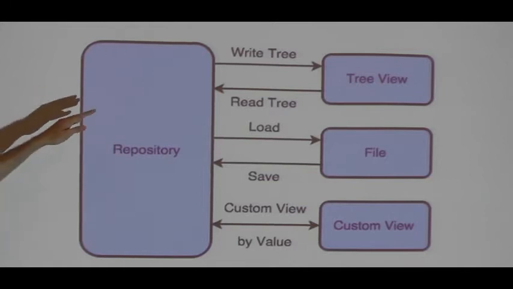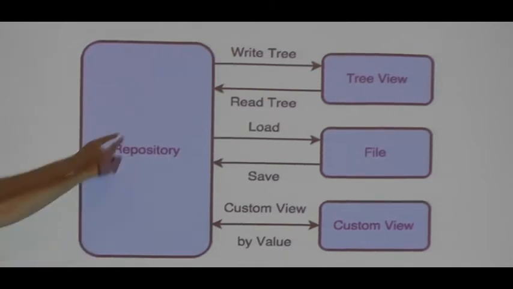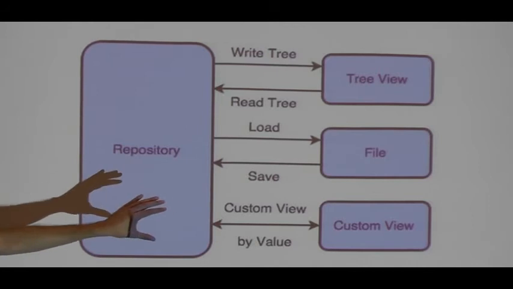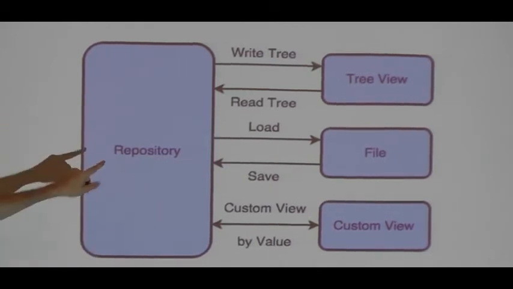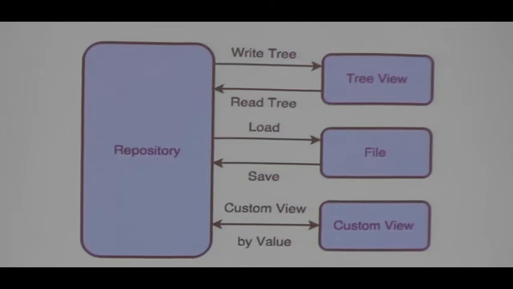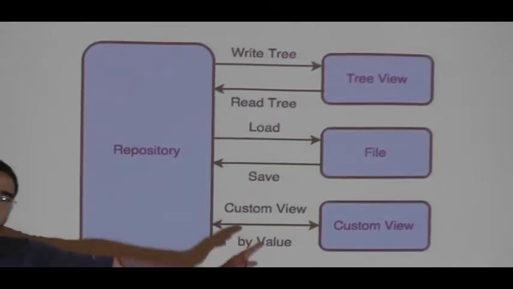One is the tree view, that is the tree that we had with the front panels. You can create files. So for example, with the load method or save method, basically you're converting from this repository into a file. With write tree and read tree, you're writing from this repository into a file. But what happens if I just want to show it as a table? Well, you can create custom methods and pass it as a custom view.